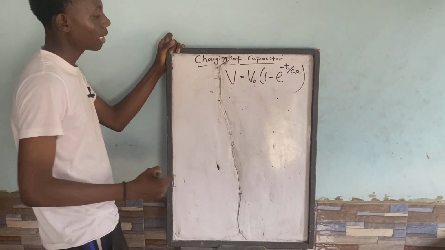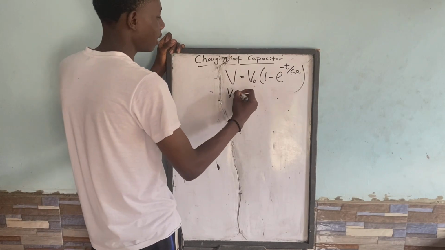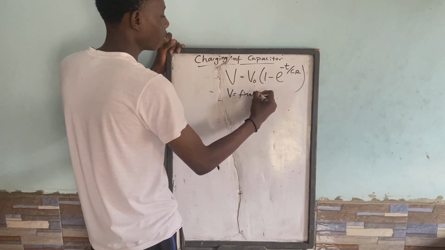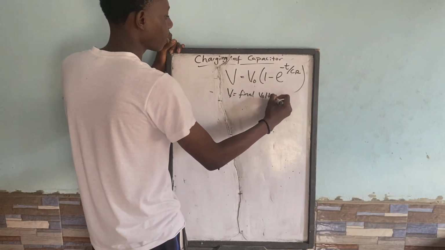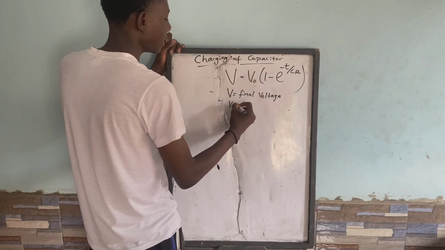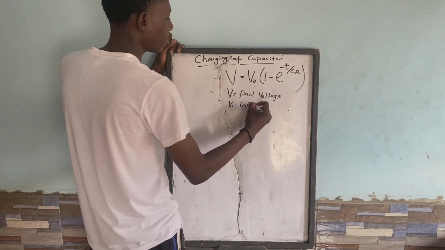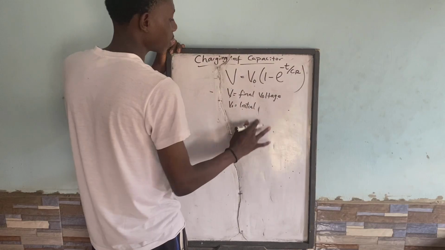Are we clear about that? Now, this V is the final voltage, and your V naught is the initial voltage.